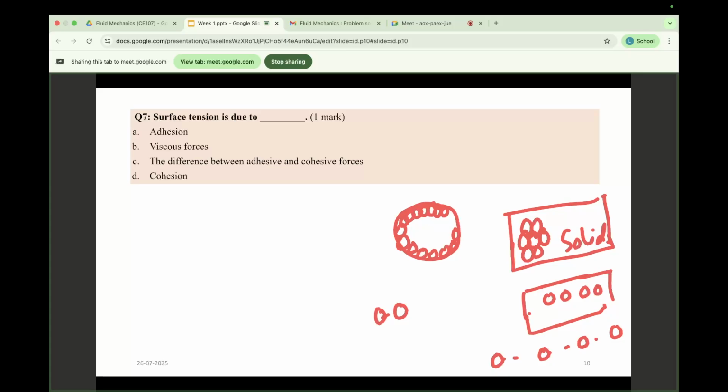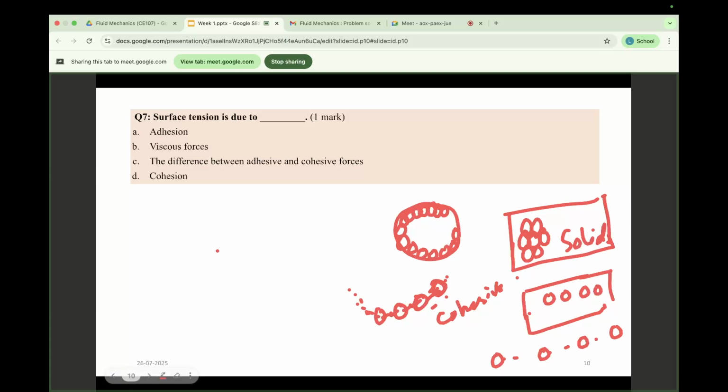One molecule tries to bind with another molecule. Similarly, the next molecule tries to bind with another molecule, and because of this binding, the spherical nature remains the same. This explanation is at the microscopic level. This is a water molecule, this is a water molecule, these two are the same molecules. The interaction between two same molecules is known as cohesive.